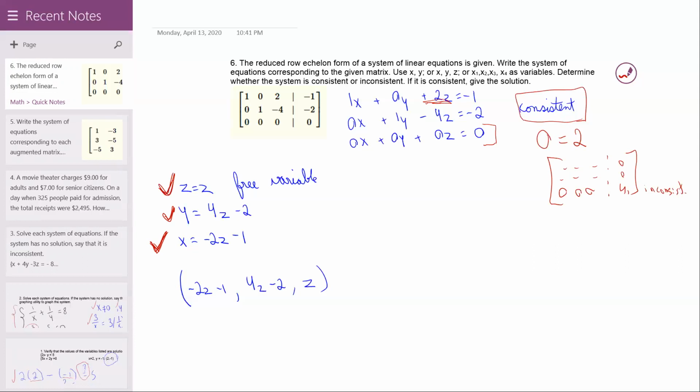Z can be anything. So again, this is not your full answer. This is your full answer, where x is -2z minus 1, y is 4z minus 2, and z is just z.